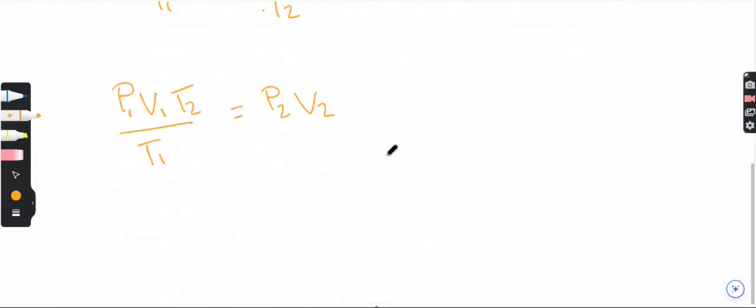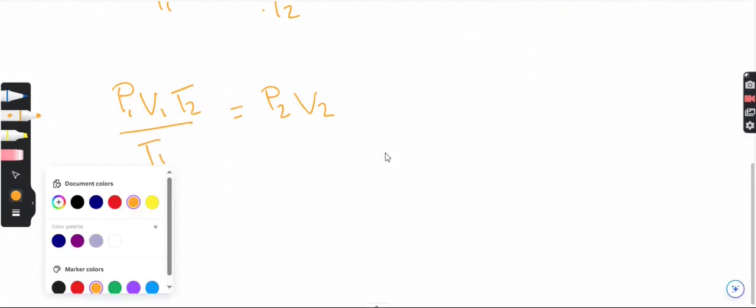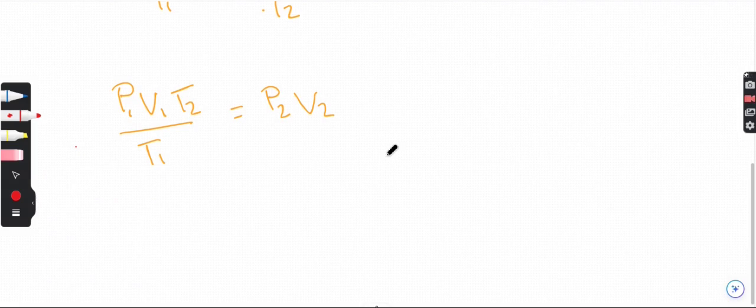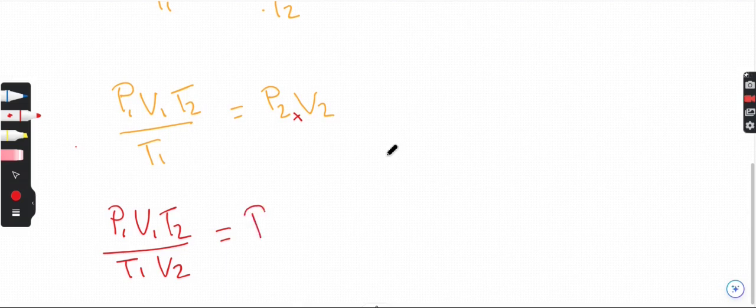And then this is P2 times V2, so I'm going to divide by V2. P1 V1 T2 divided by T1 times V2 equals P2. So P2 is now by itself. This is the formula you want to use to find P2.